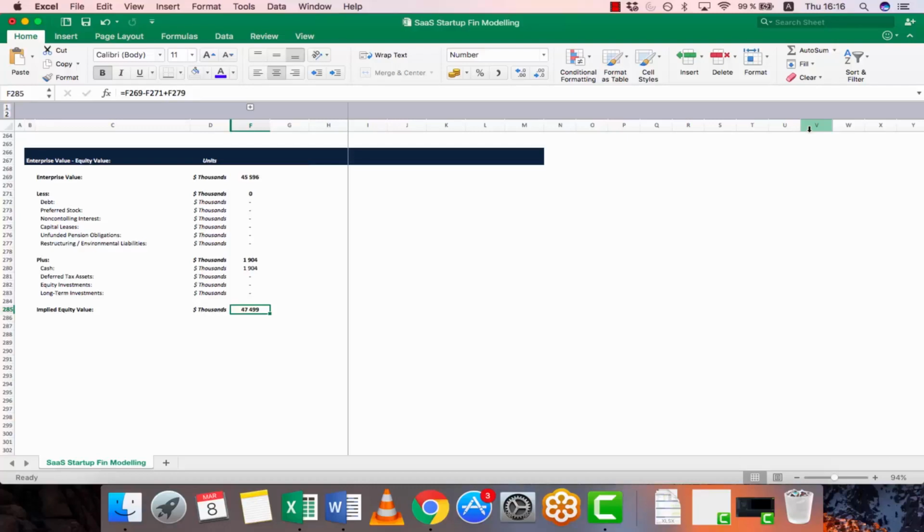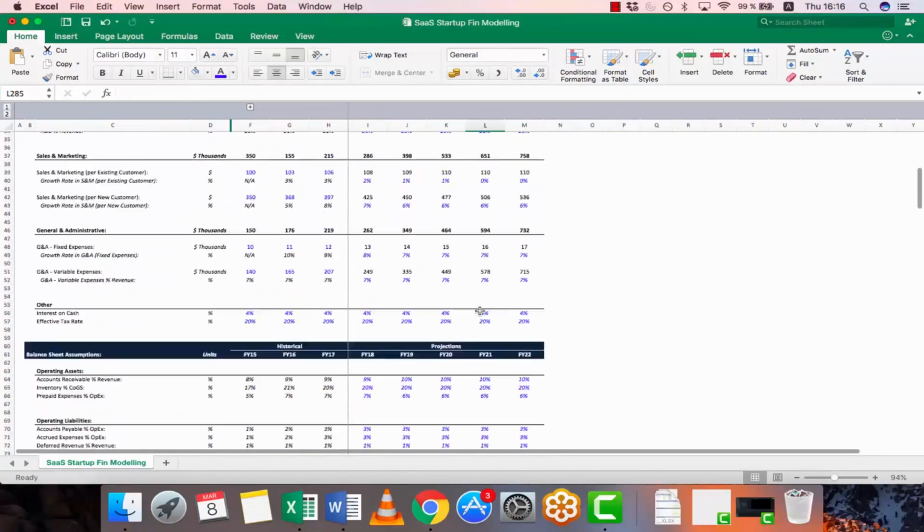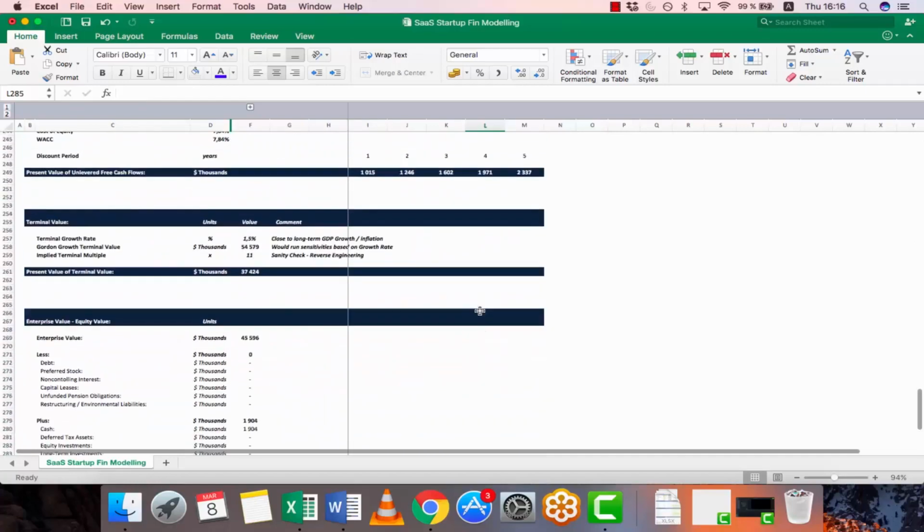Obviously, it doesn't tell us a lot, since we will have to create the sensitivities to see how equity value and enterprise value change based on the various assumptions on terminal multiple, on terminal growth rate, and on various operational assumptions that we've made here. But the model itself is now ready.